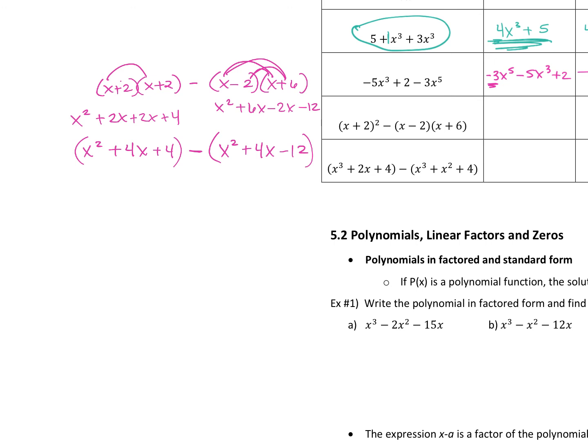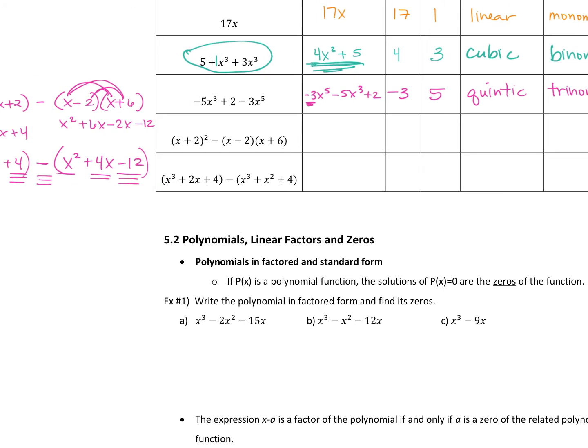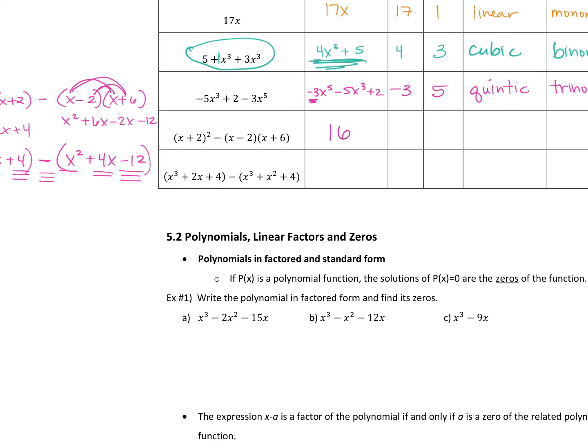That whole thing turns out to be 16 because you have x squared minus x squared is 0, 4x minus 4x is 0. And then 4 minus a negative 12 is 16. Isn't that fantastic? I love it when math does that.